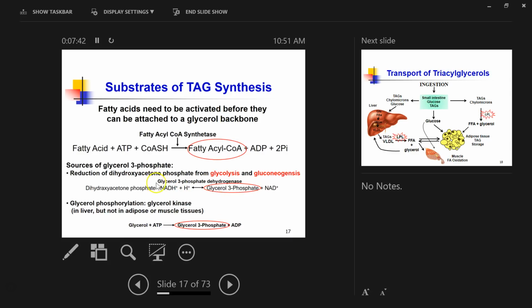The answer is that glycerol 3-phosphate dehydrogenase is the enzyme that catalyzes formation of glycerol 3-phosphate in the adipose tissue through the glycolytic pathway. And in the liver, glycerol kinase is the enzyme responsible for generation of glycerol 3-phosphate. So the two pathways are in two different tissues and catalyzed by two different enzymes, right?